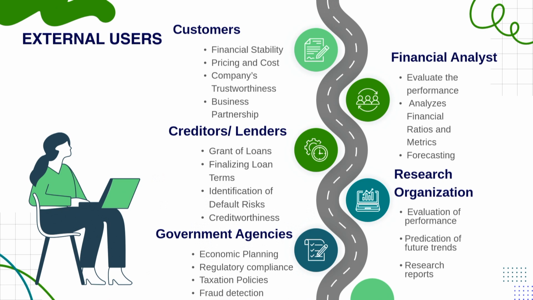Moving further, the financial analysts. When you talk about financial analysts, they are external, but they extend different financial services to other users of financial information or other stakeholders who have any direct or indirect bearing on the business.